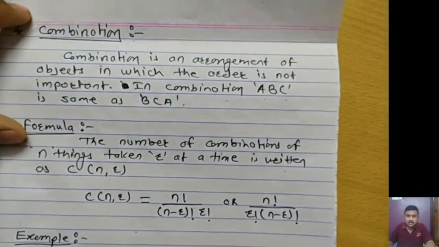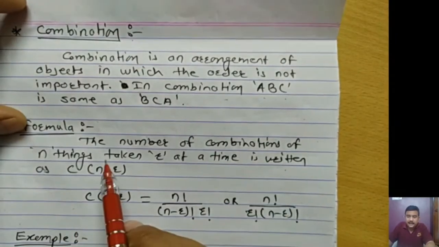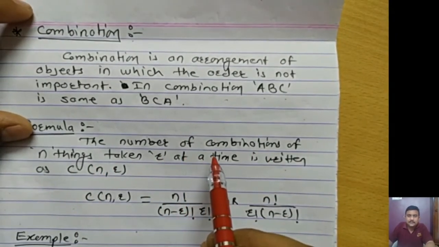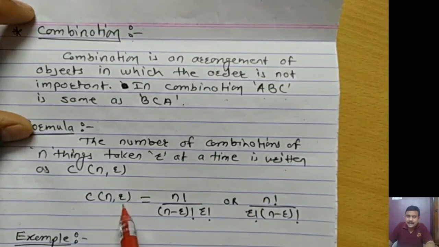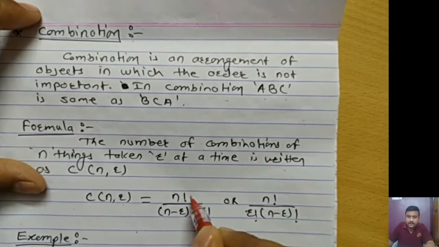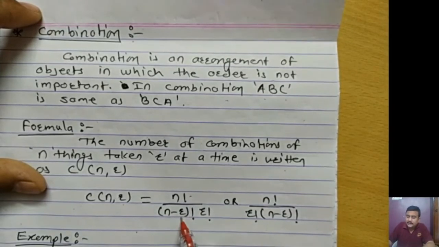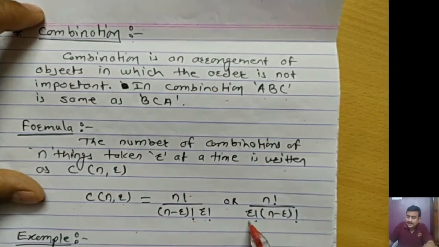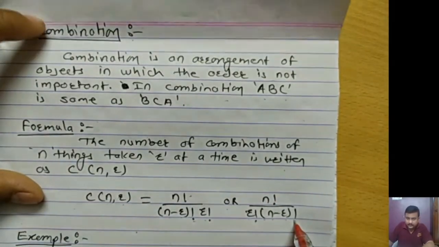So the formula for combination can be written as the number of combinations of n things taken r at a time, written as C(n,r) equals n factorial divided by (n minus r) factorial multiplied by r factorial, or n factorial divided by r factorial multiplied by (n minus r) factorial.